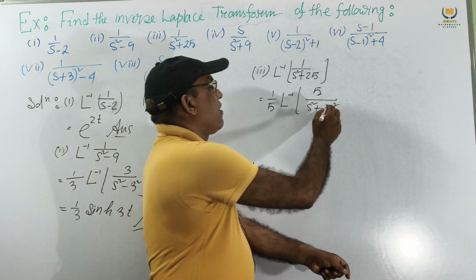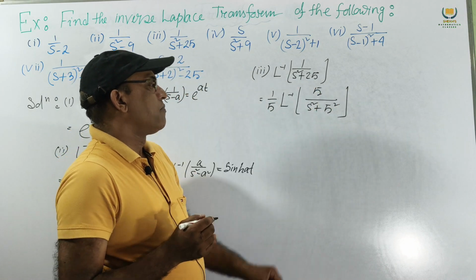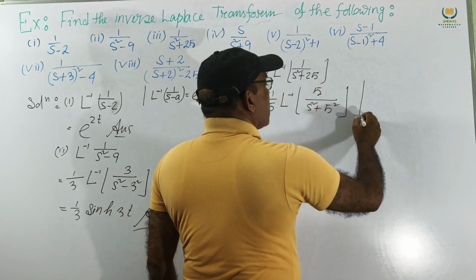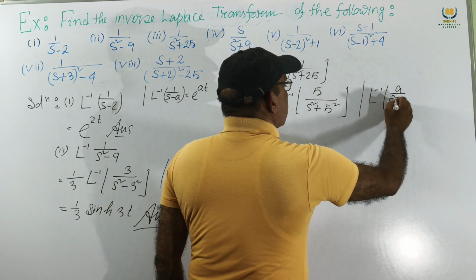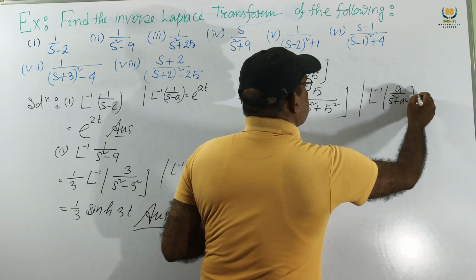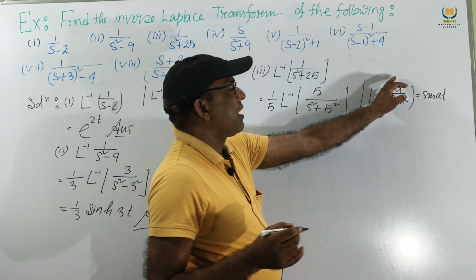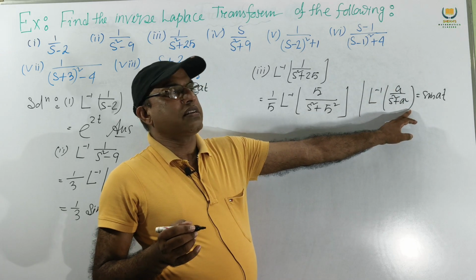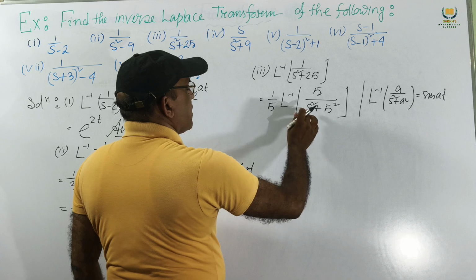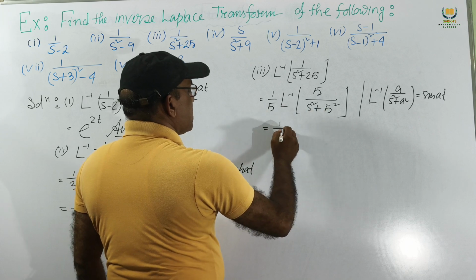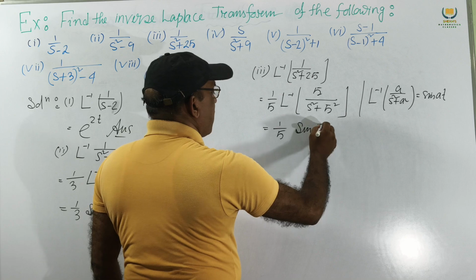This 5 cancels, we get 1 by s square plus 25. But we know this formula, L inverse a by s square plus a square is sin at. So this is 1 by 5 sin 5t.